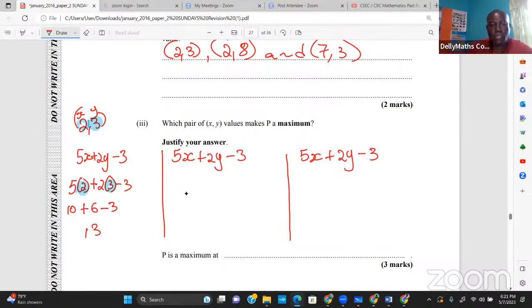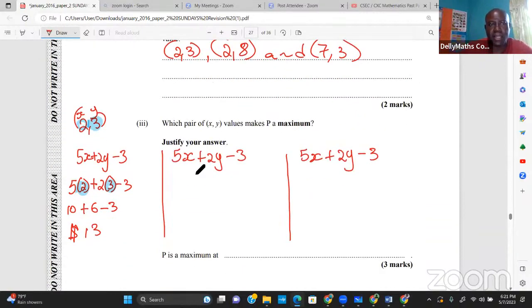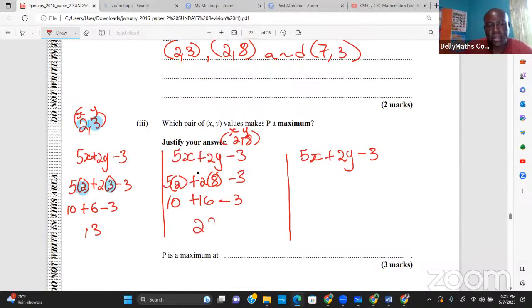So that's 13 there. Now the next point we're looking at is (2, 8). 5 times 2 plus 2 times 8 minus 3: 10 plus 16 is 26, minus 3 is 23.